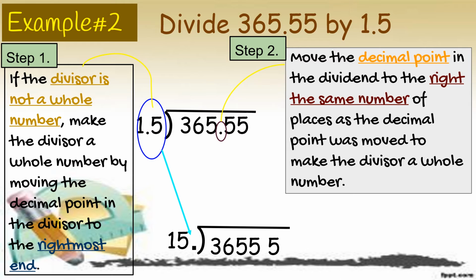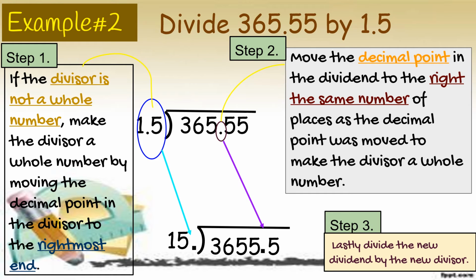So in the divisor, we have moved once. Therefore, the point in this dividend will be moved once also. So, the point will be after the second number 5.